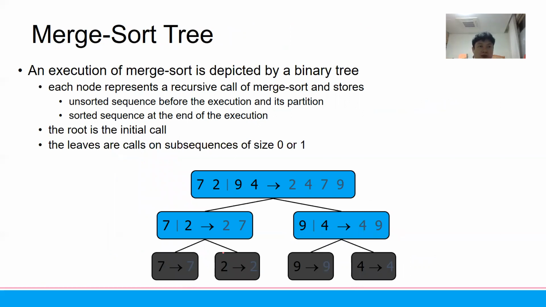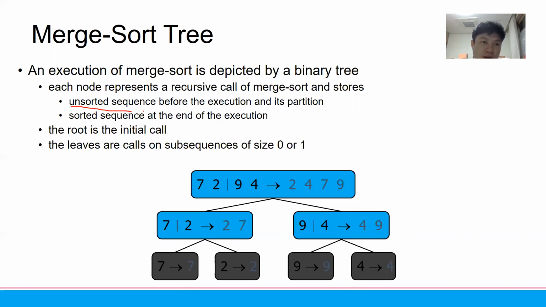The merge sort tree is an execution of merge sort depicted by a binary tree. Do you still remember what is a binary tree? A binary tree is a tree that consists of only two children, left and right. Each node represents a recursive call of merge sort and stores the unsorted sequence.